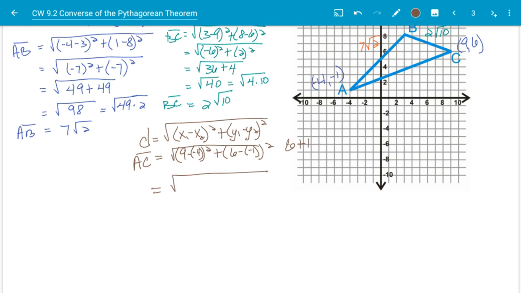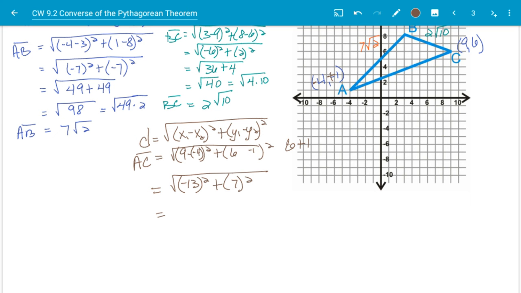So 9 minus a negative 4 is going to be 13 squared, plus this will be 7 squared. So I'm going to get a 169. Why did I get 7 again? That's a positive. See, look right here, I wrote it backwards. It's a positive 1. I got to pay attention here. It's a negative 4, positive 1.